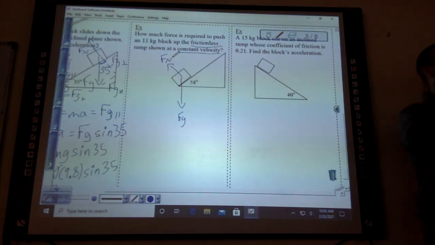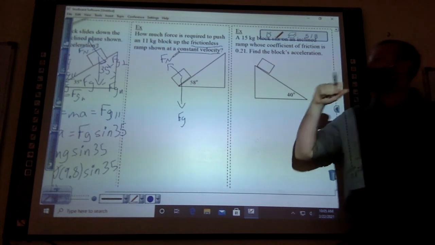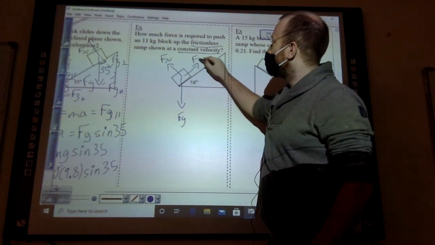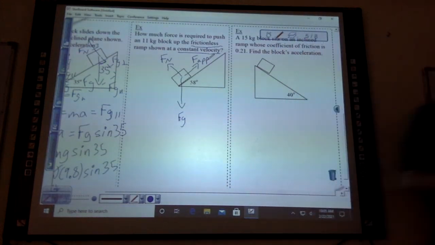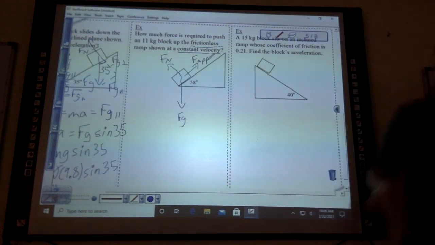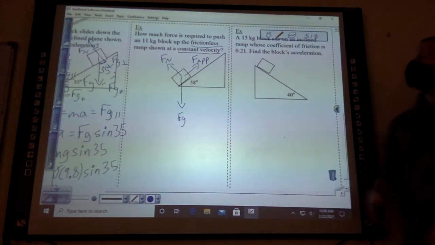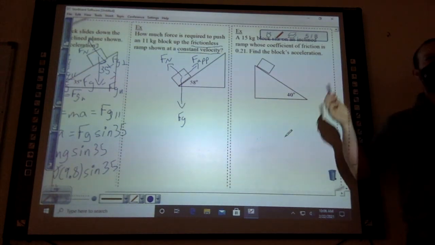No. Parallel and going up the incline or down? Up the incline. So this is my force applied. So from this, we now get our free body diagram.